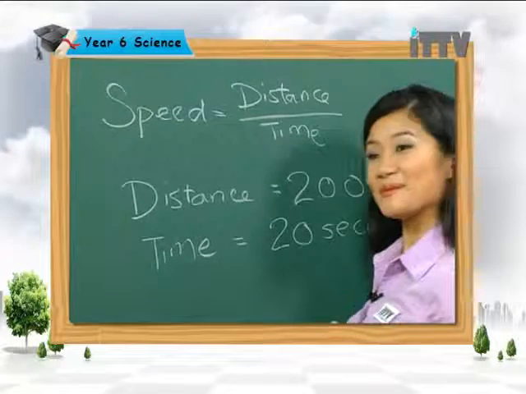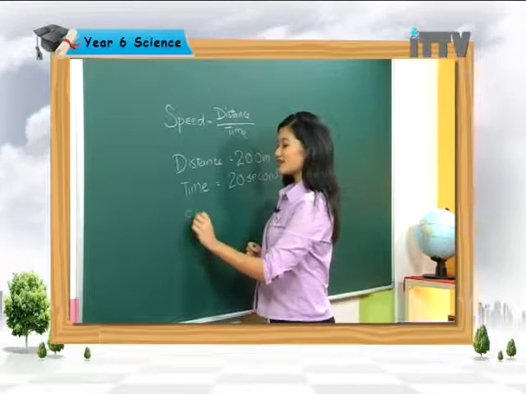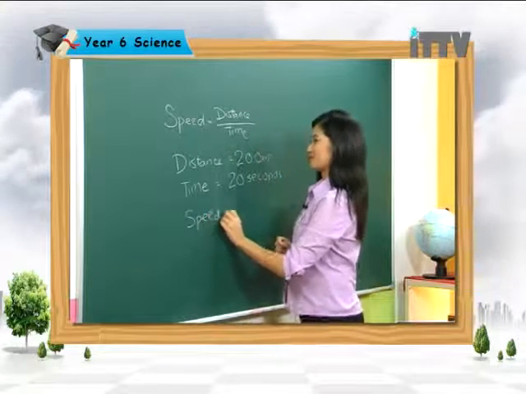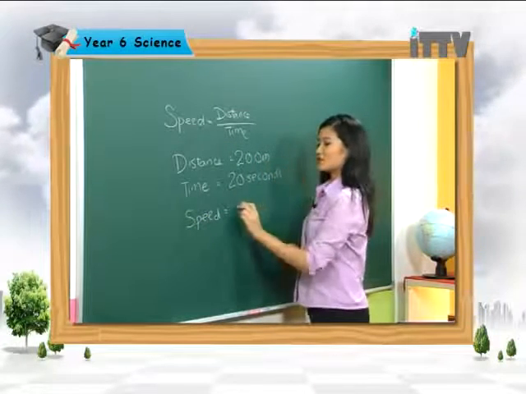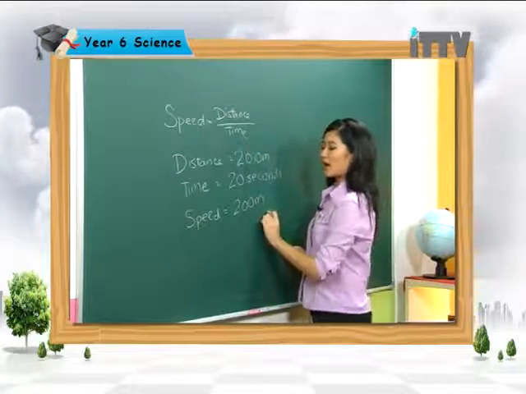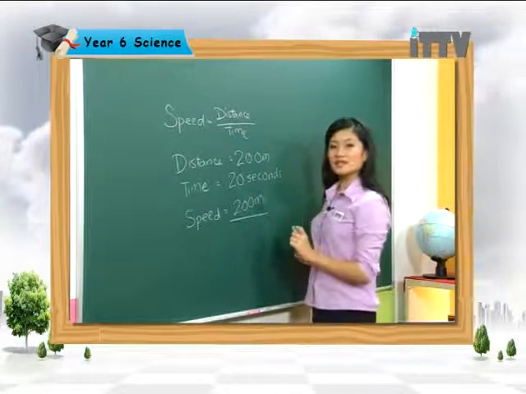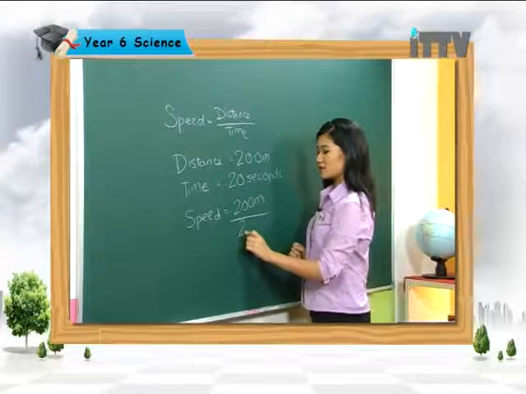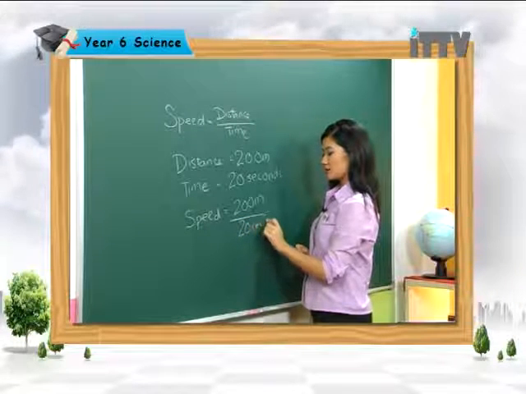As simple as ABC. To calculate speed, what is the distance? 200 meters divided by time. What is the time? Yes, 20 seconds.